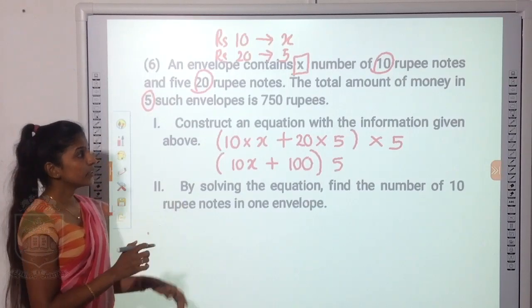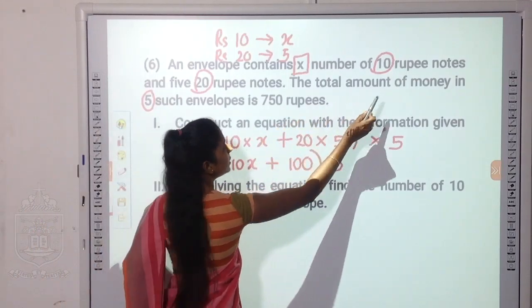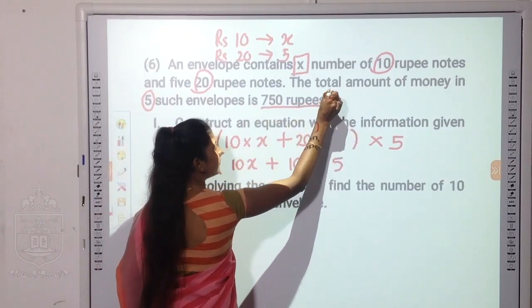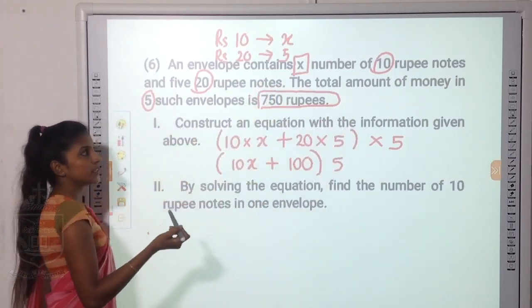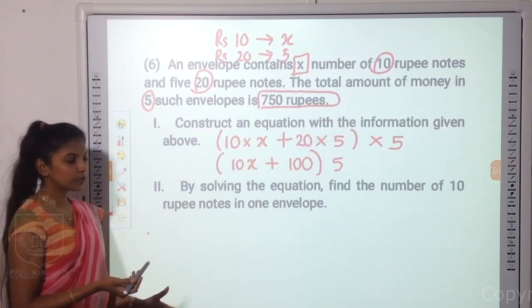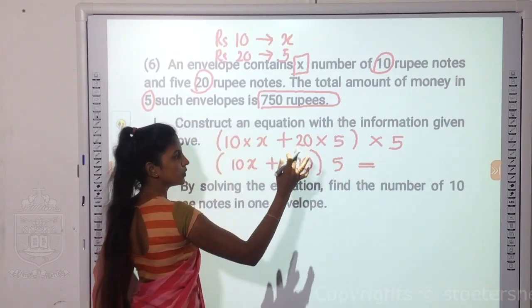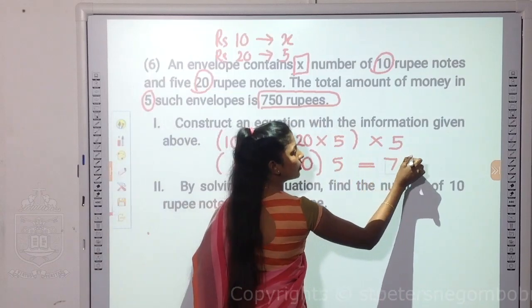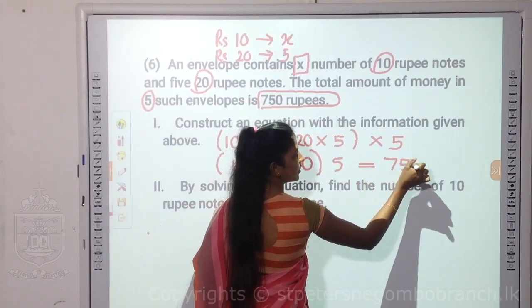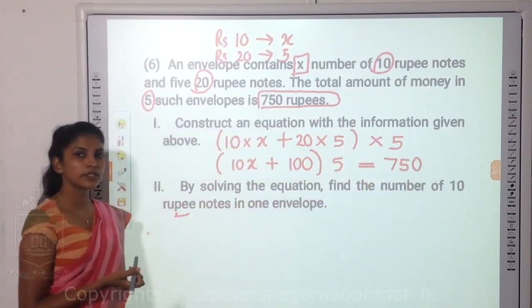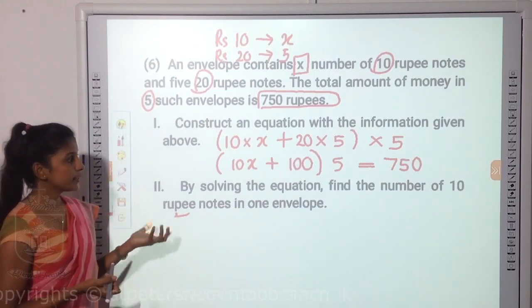Okay, and then they have given you the total amount present in 5 envelopes, that is 750. So you can equal this whole expression to 750. So this is the equation that we can build up from this incident.